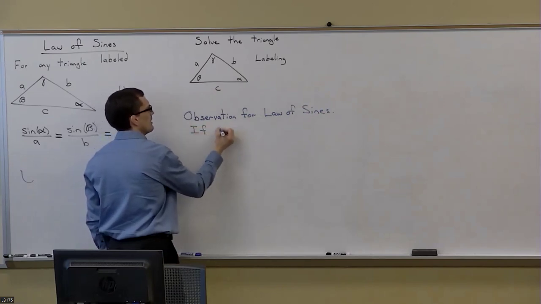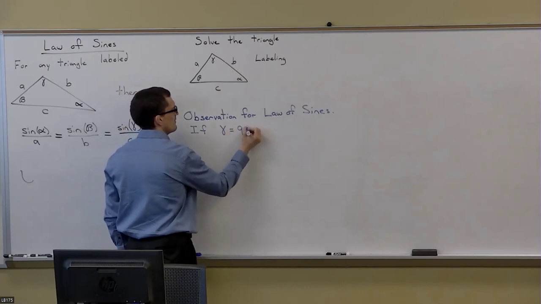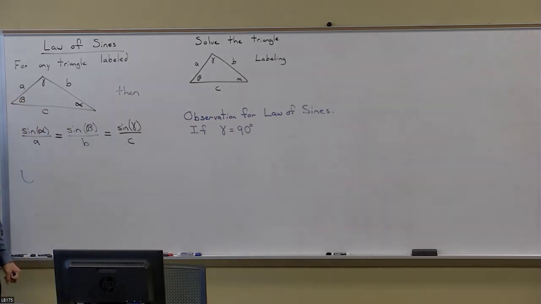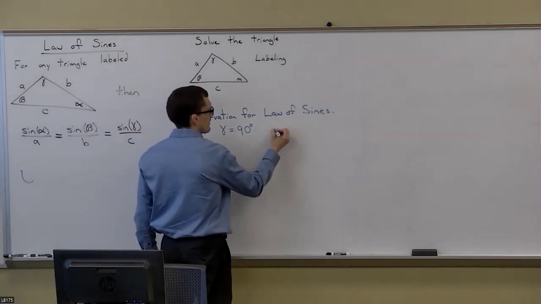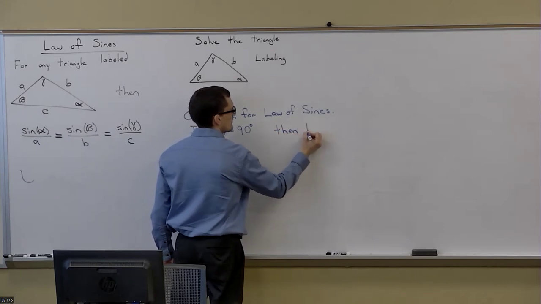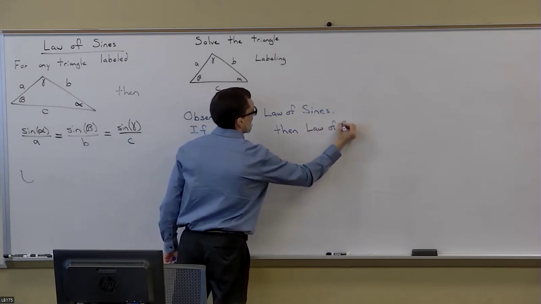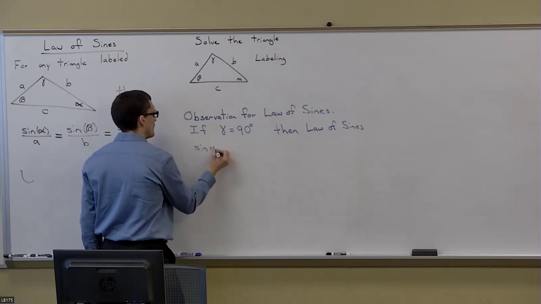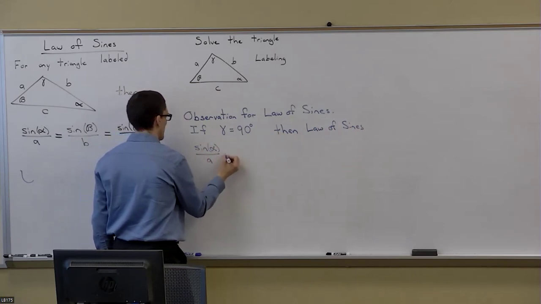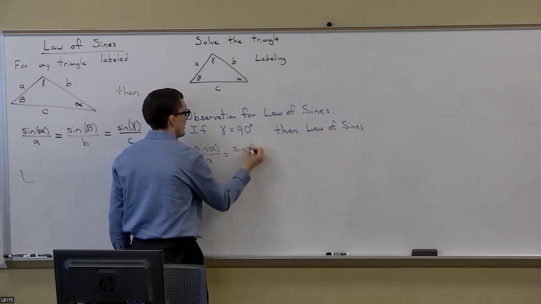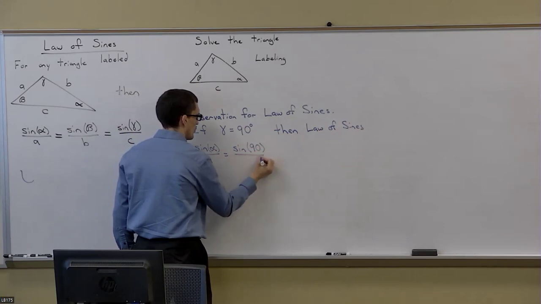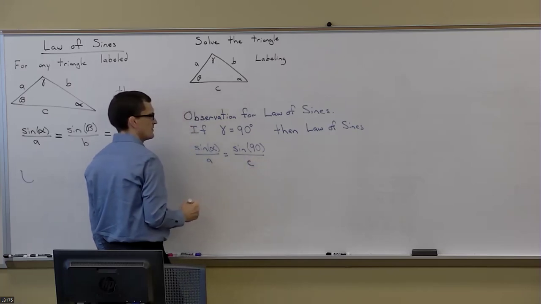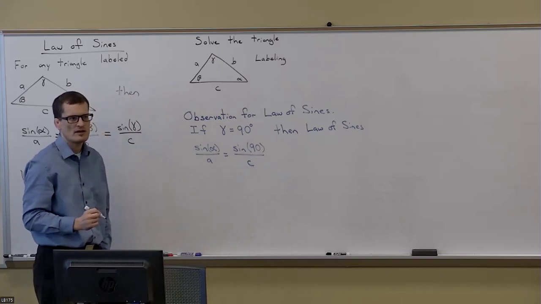If, let's say, gamma is 90 degrees, then the law of sines says that sine alpha over A is equal to the sine of 90 degrees over C. Is that okay?